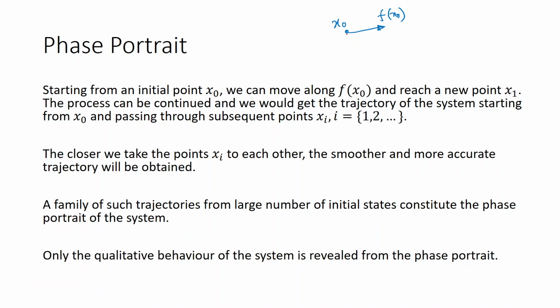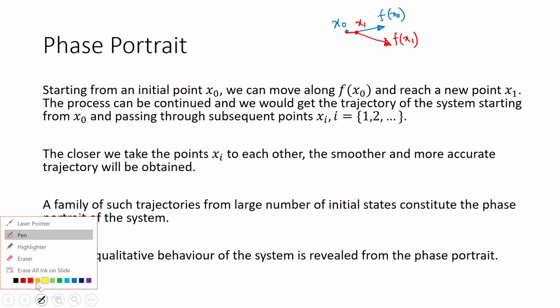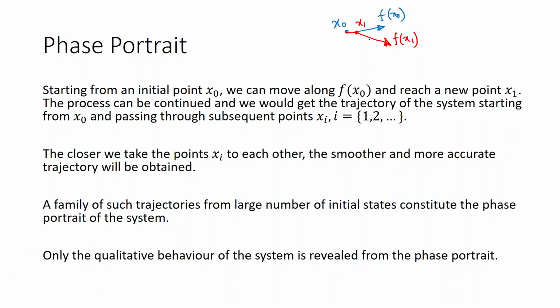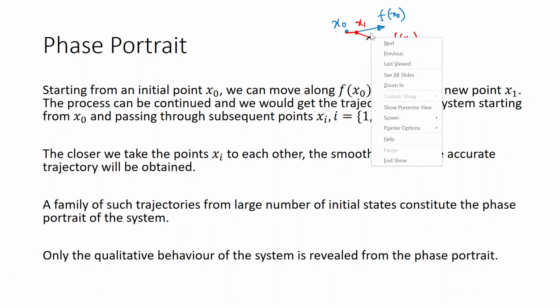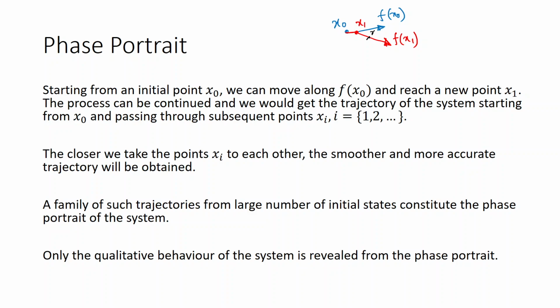You can only move a bit in this direction, arrive at a new point x1, and at x1 suppose my arrow is like this, f(x1). Then you move along f(x1), arrive at another point x2, you move this much, and from here suppose the arrow is like this, so this is f(x2).